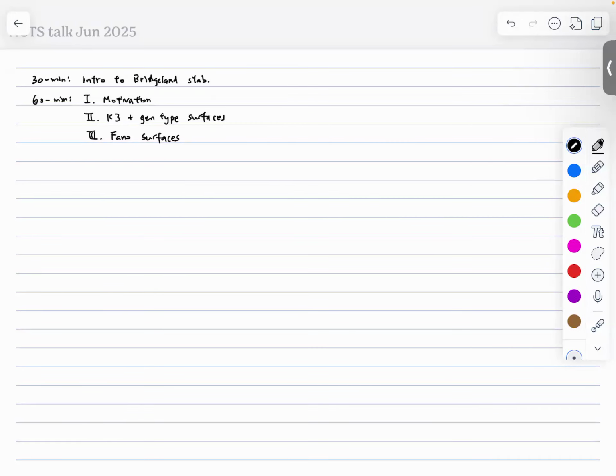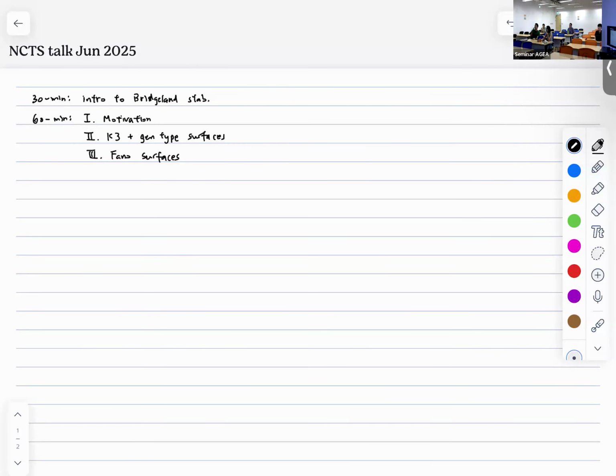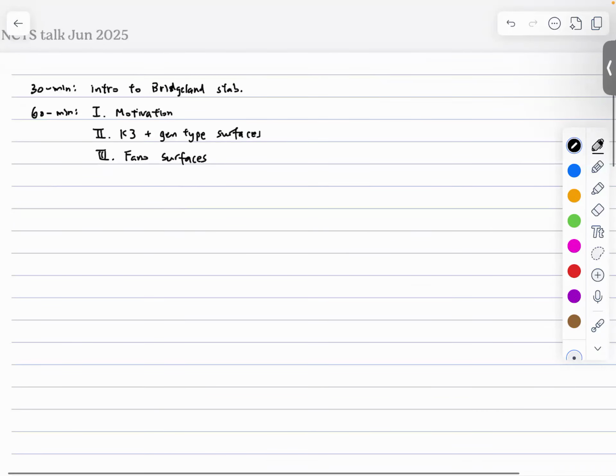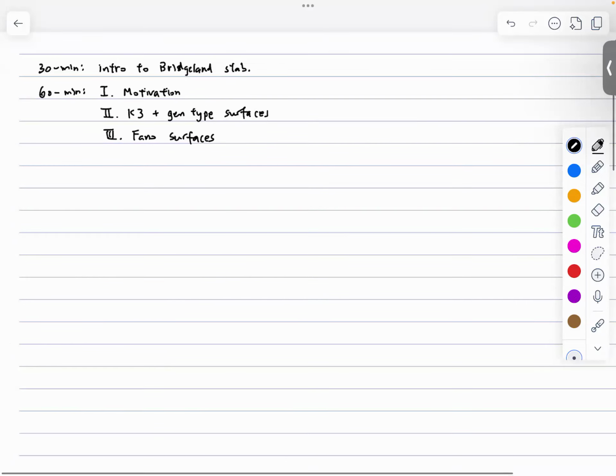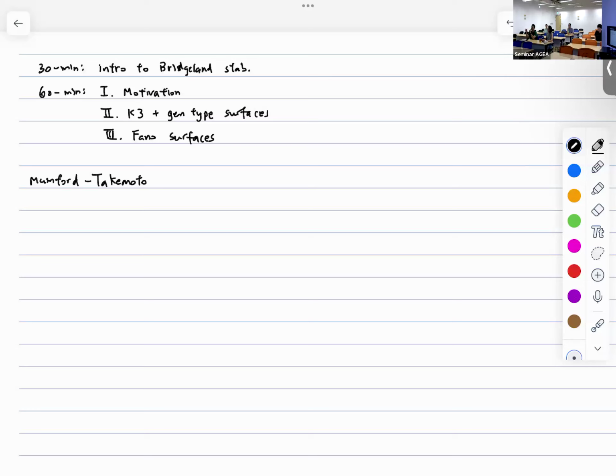Is the writing big enough on the screen? For me, it is, yeah. A bit larger? Is it possible to do it a bit larger? Yeah, I can try to write a bit bigger. I think you could write slightly bigger.